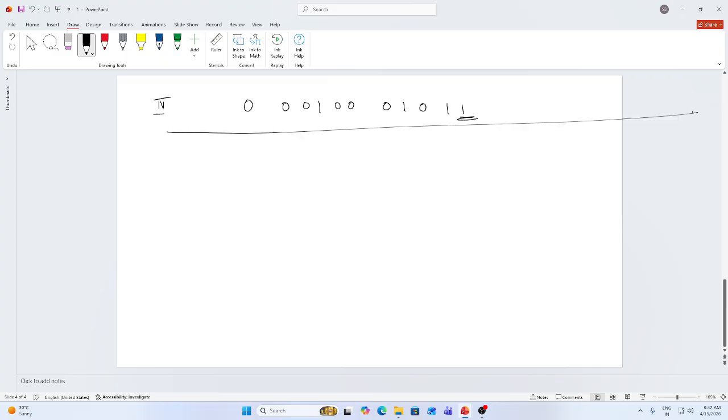So 1 means in the fifth iteration, this count is 0 0 1, and this is 1. In the fifth iteration, what I need to do is take this 0 0 1 0 0 and add it with the multiplicand. What is the multiplicand? 1 0 1 1 1.